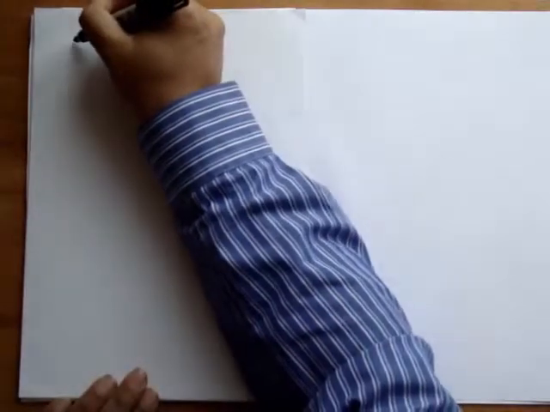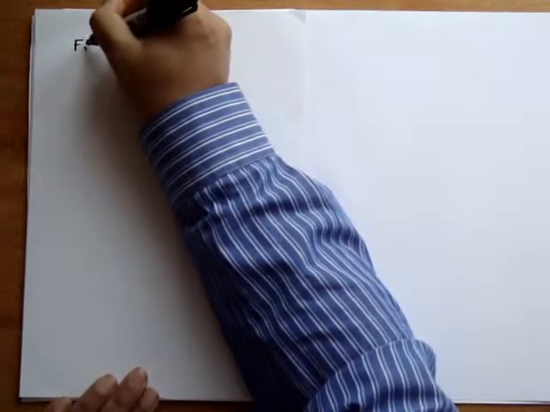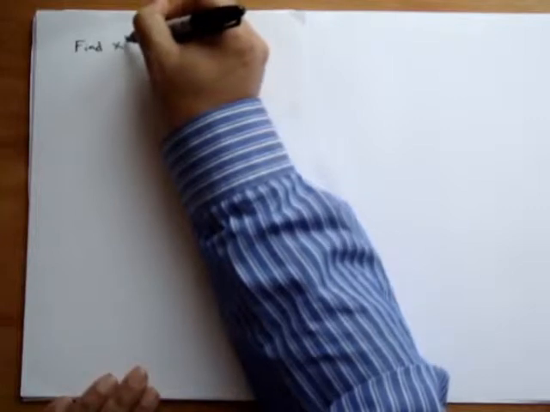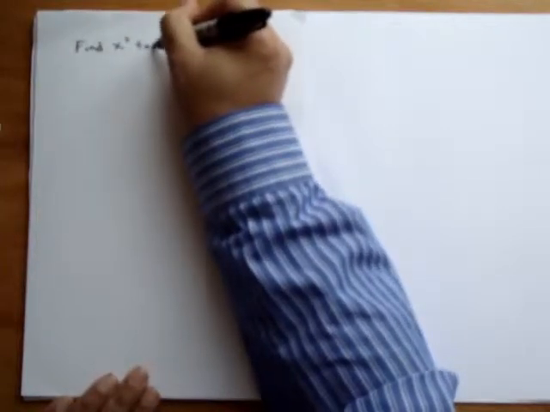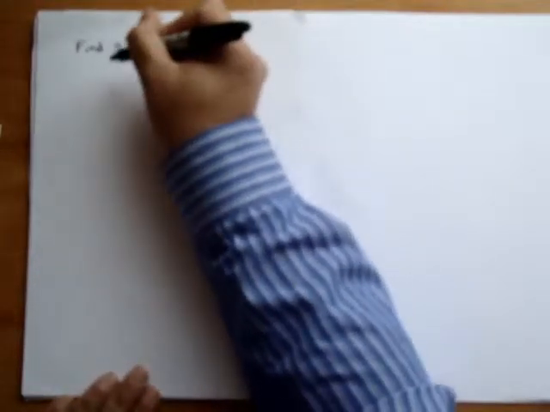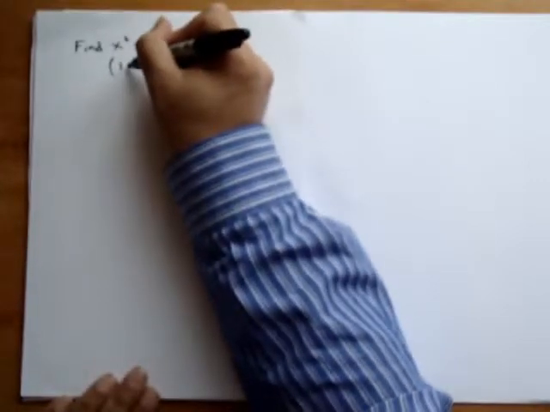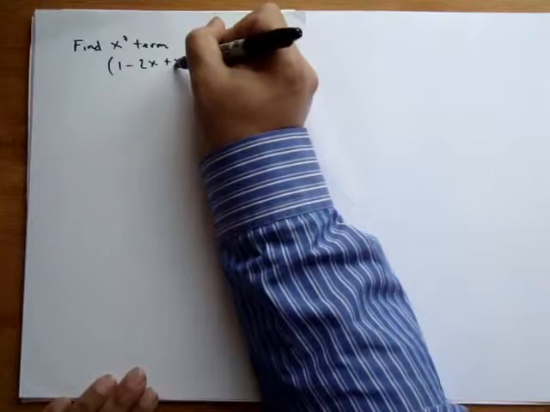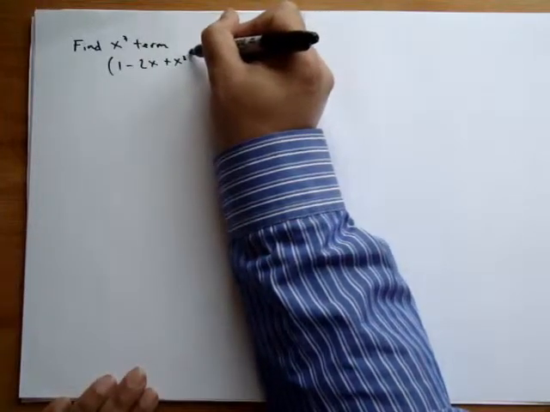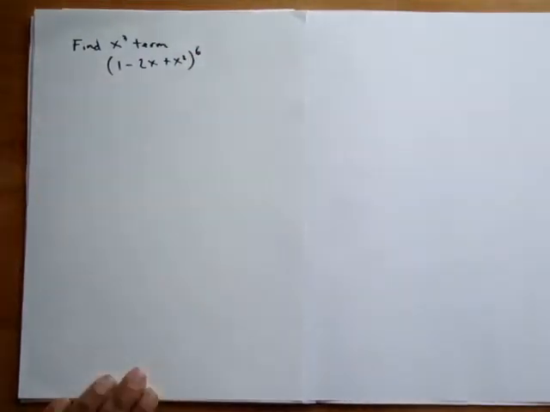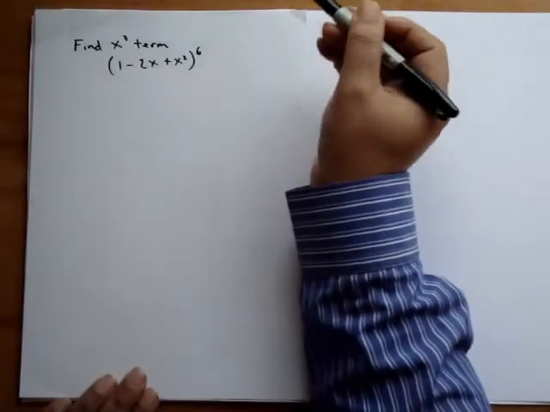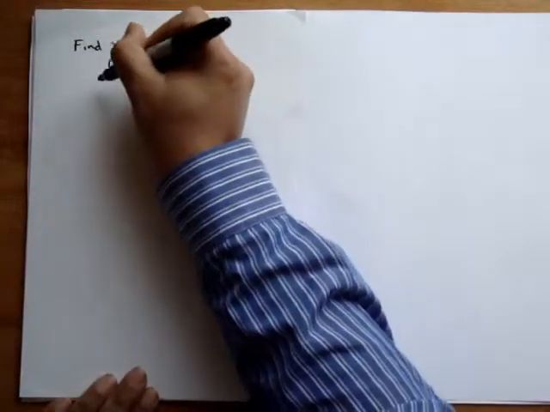Okay, we want to find the x to the power 7 term in the expansion of 1 minus 2x plus x to the power 3 all to the power 6. Now we notice that this doesn't look like a binomial, so we have to convert.